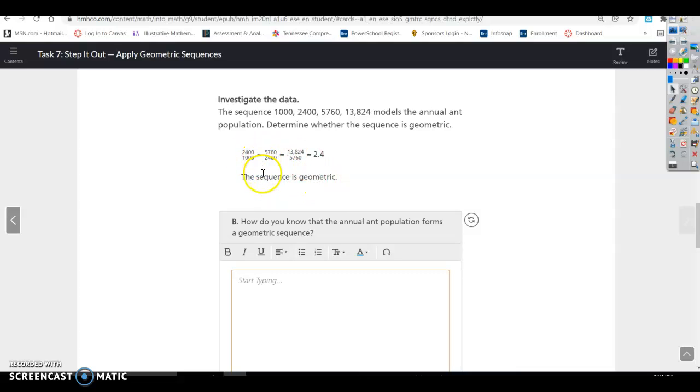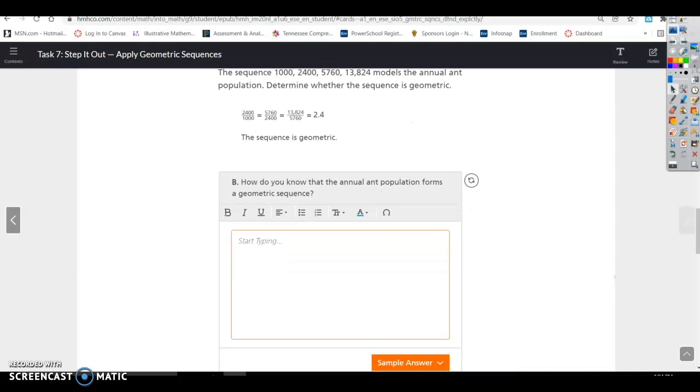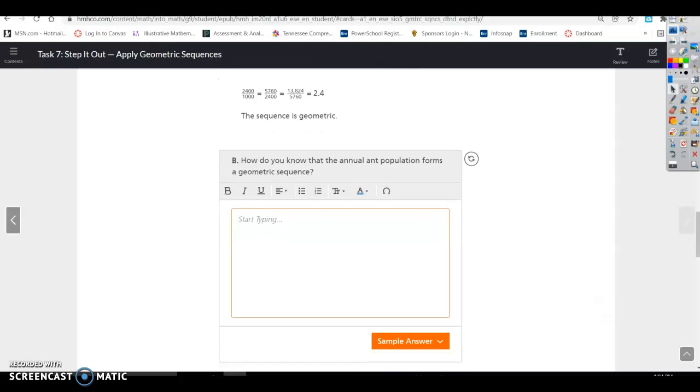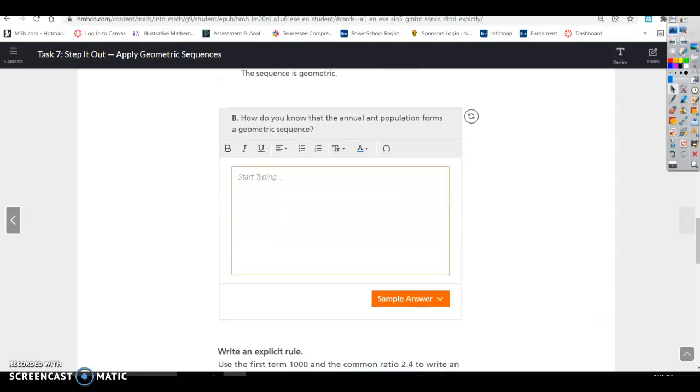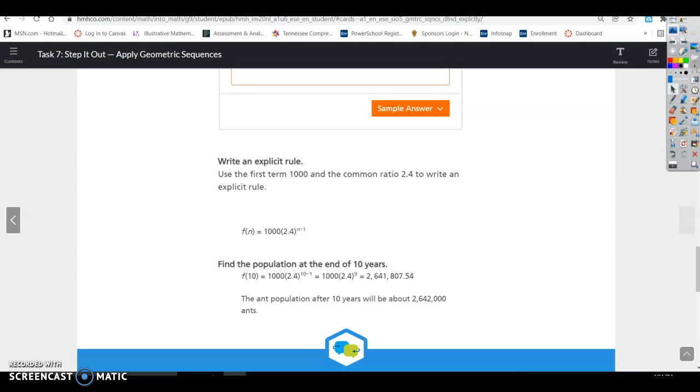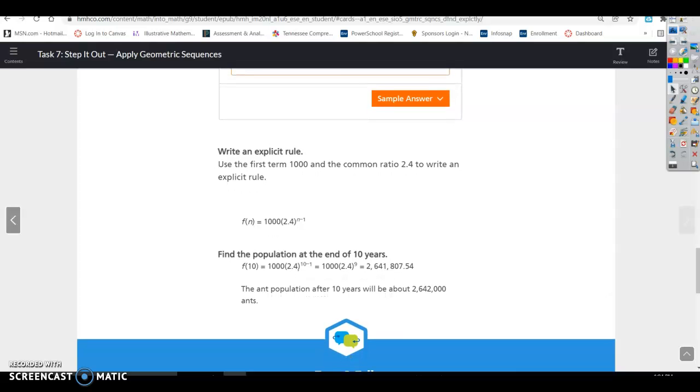So in this case, this is a geometric sequence. All right, so it says, how do you know that the annual ant population forms a geometric sequence? Well, because they did the division here, and each time they got 2.4, so that 2.4 is your R. When your ratio is the same, it's a common ratio, and that makes a geometric sequence.